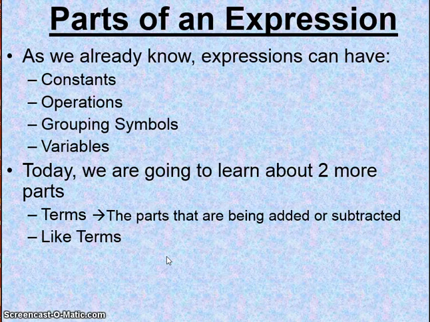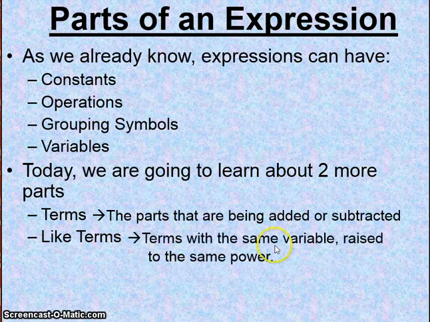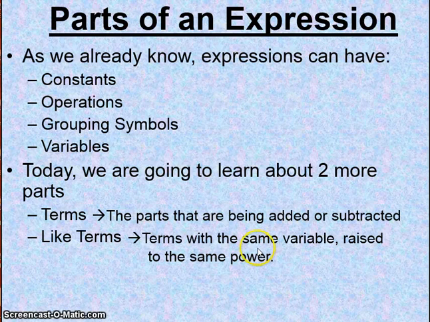So if you define terms, terms are the parts that are being added or subtracted. If you think about siblings, they're the parts of the family. Like terms are terms with the same variable raised to the same power. So if you think about identical twins, everything about them is the same, or almost everything in our case.